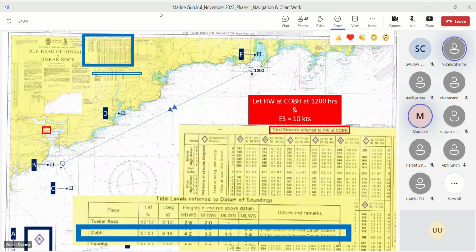This 1000 hours at X with respect to high water at Cove, is it at high water, before high water or after high water? What time have we assumed high water at Cove? सर, ये जो डायमंड F1 है सर, उसको नीचे देखना ना सर। I am asking what time have we assumed high water at Cove. The question is that.